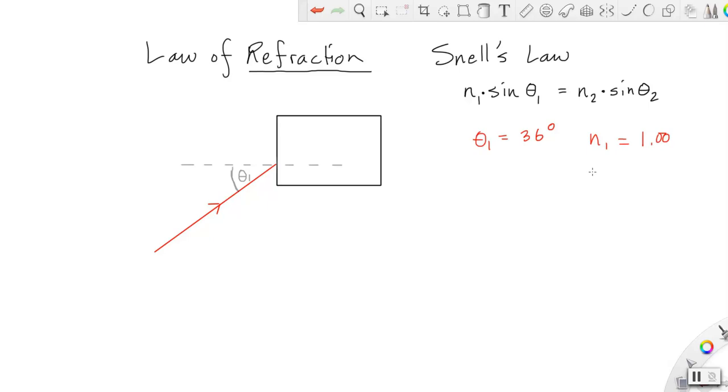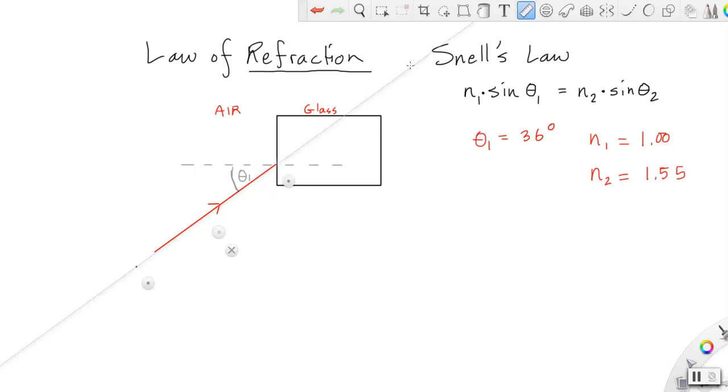Let's say it's glass. So n2 is glass and therefore has a different index of refraction. I'm going to give that one 1.55 for this particular type of glass. Let's label this glass, and this is air. Now let's look at our ray and find out what happens.